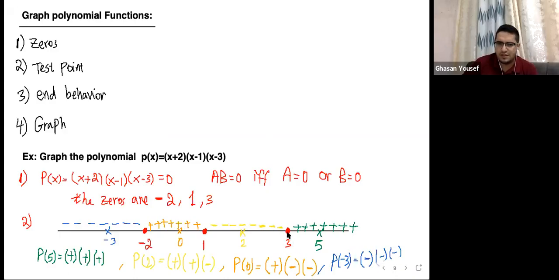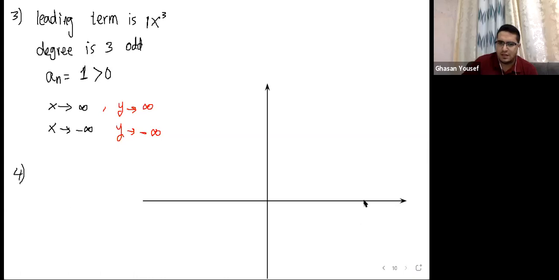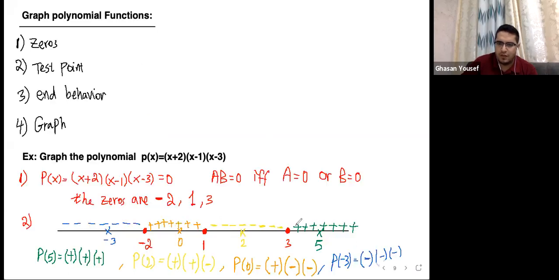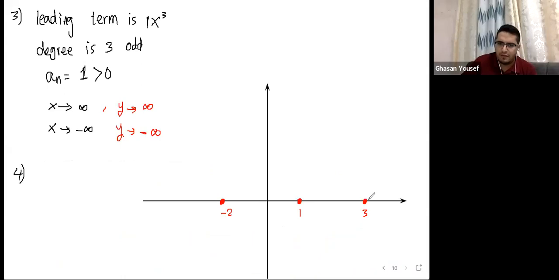Okay, so now the zeros are 3, 1, and minus 2. Here is 3. Here is 1. And here is minus 2. Now, if it's positive, the curve should be above the x-axis.